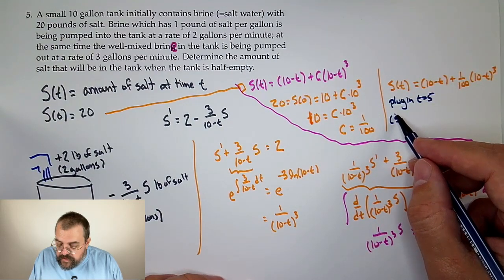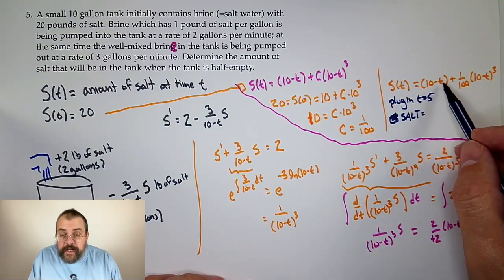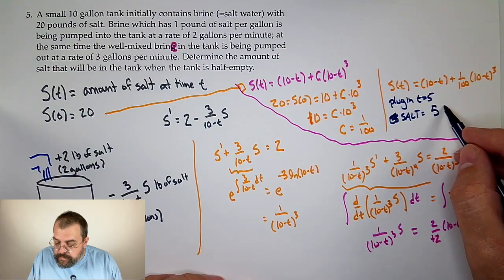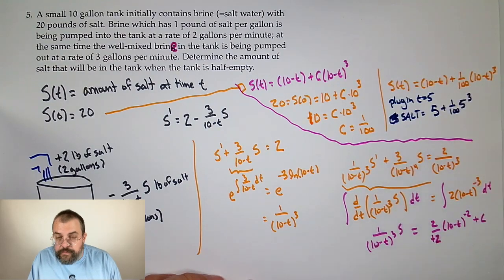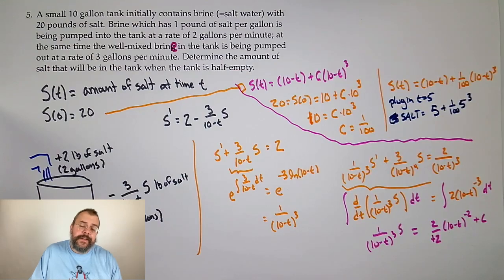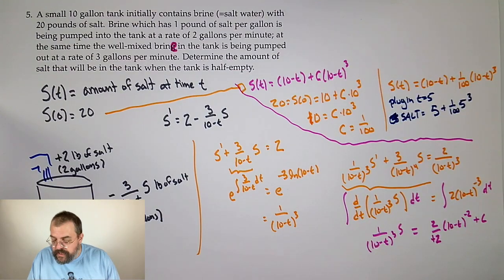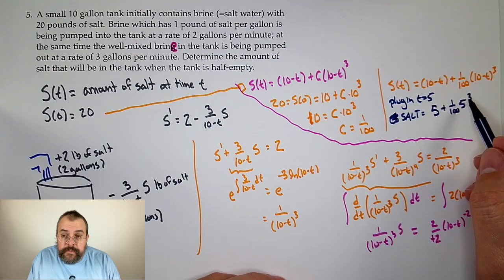The amount of salt, well, 10 minus 5 is 5, plus 1 over 100 times (10 minus 5), 5 cubed. And if you wanted to, you could try to simplify this a little bit. So, for instance, you can say, look, that's 25 times 5 upstairs.